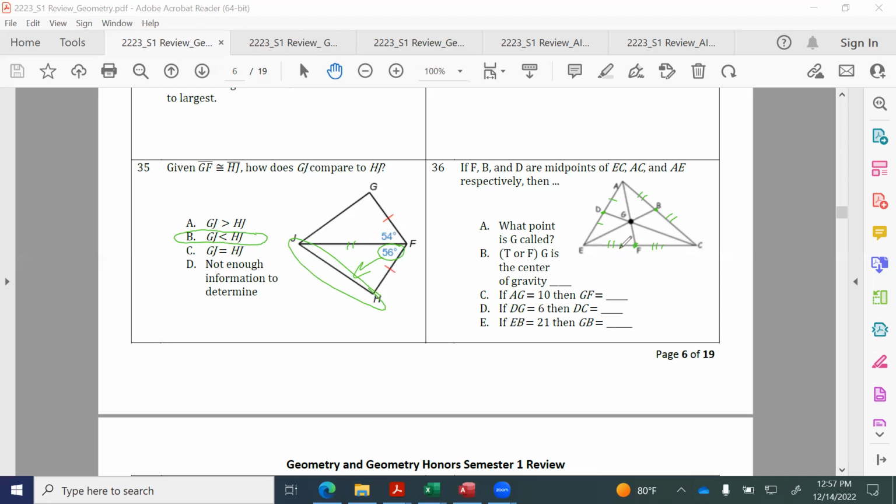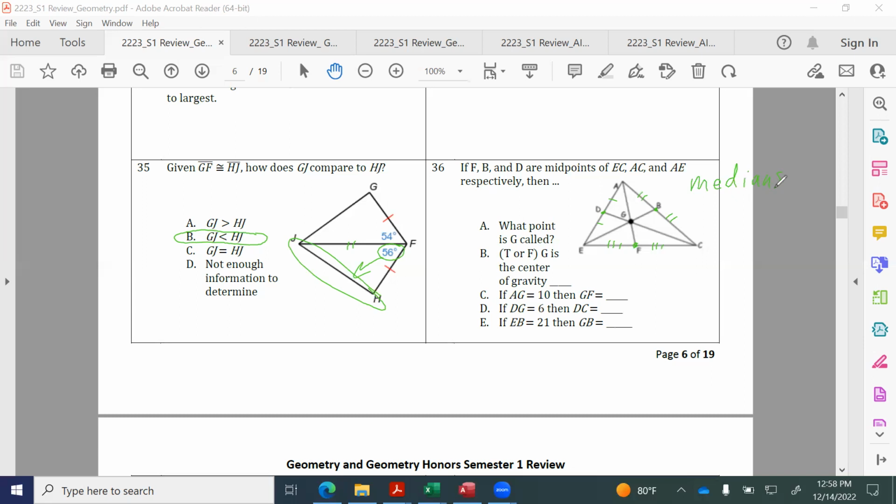First, what point is G called? Well, what are these lines here? They're going from vertex to opposite midpoint. They're not congruent, but they're medians.